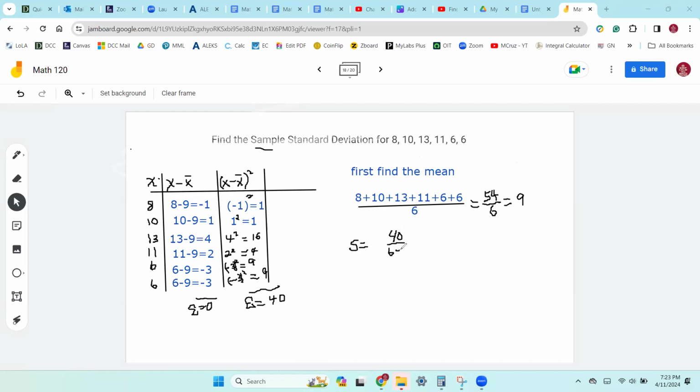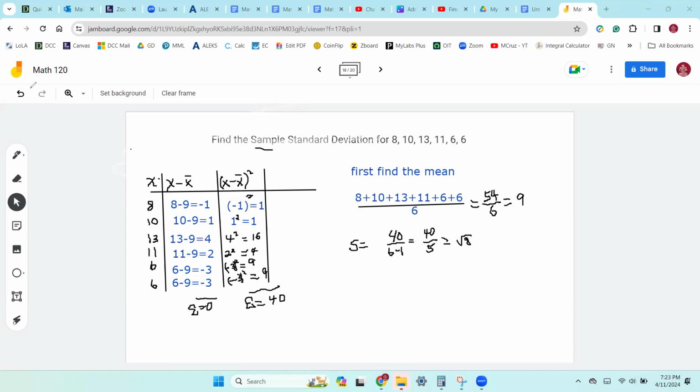And since it's a sample, we got to subtract 1. So this is the square root of 8.